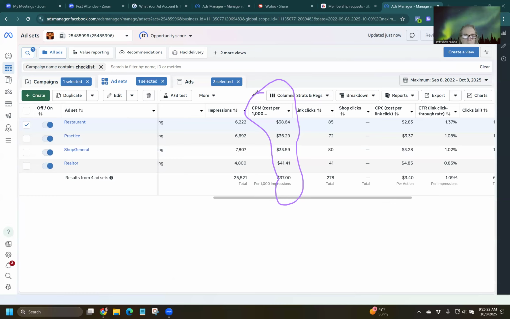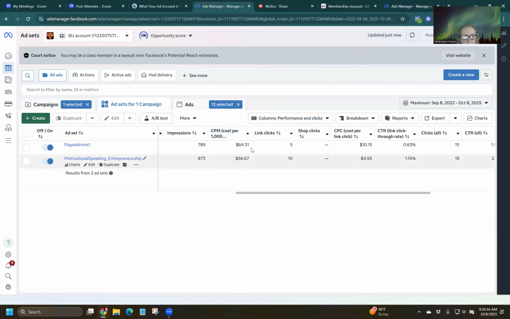No. That's a competitor, because Skool has basically replaced Facebook groups. So they'd rather not. My CPM here is 30, 40 bucks, but if I look at my CPMs on this ad, it's 60.